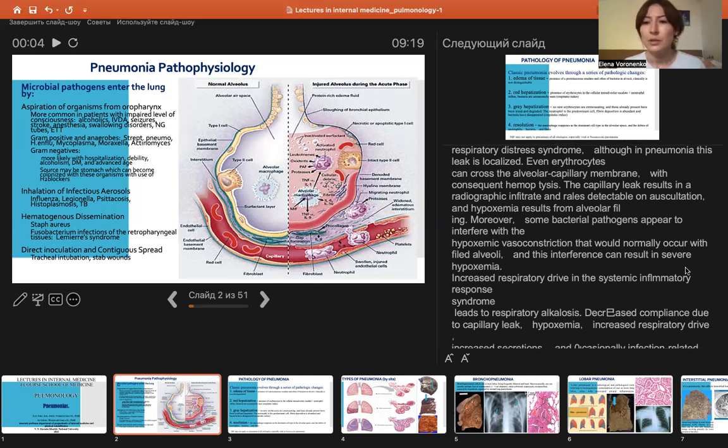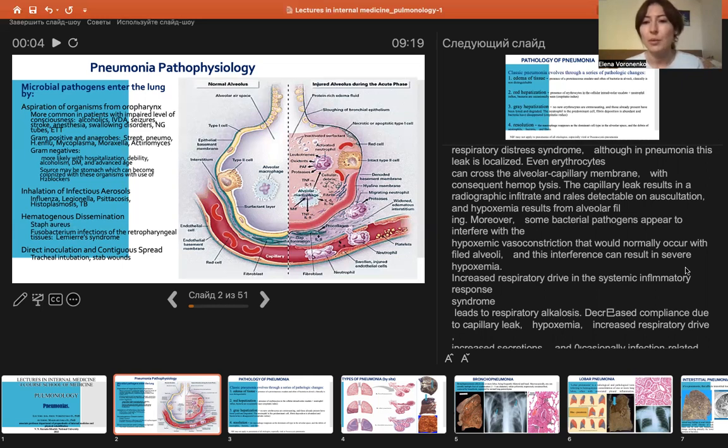The capillary leak results in a radiographic infiltrate and rales detectable on auscultation, and hypoxemia results from alveolar filling.